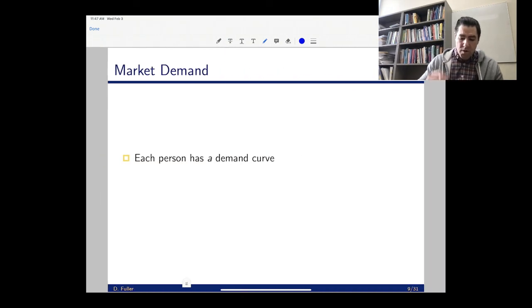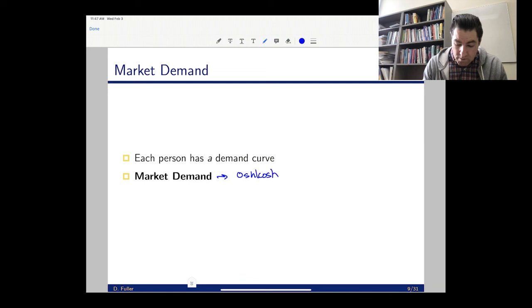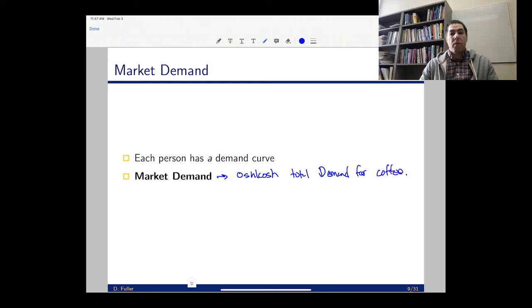Now, one last point is to go from an individual demand curve to a market demand curve. If I looked at the city of Oshkosh, total demand for coffee, how would I get that?